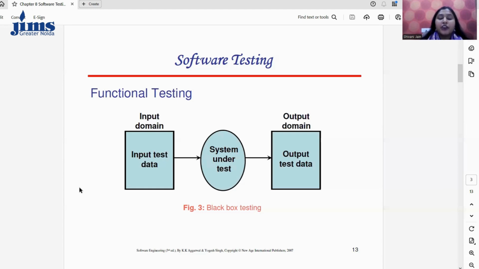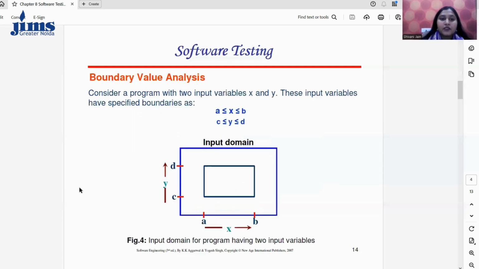In functional testing, we are not bothered about how complex the program is or how the code is working. We are just focusing on whether it is giving us the correct output or not. So we build test cases in functional testing, run the program, and see if the output is what is expected or not.